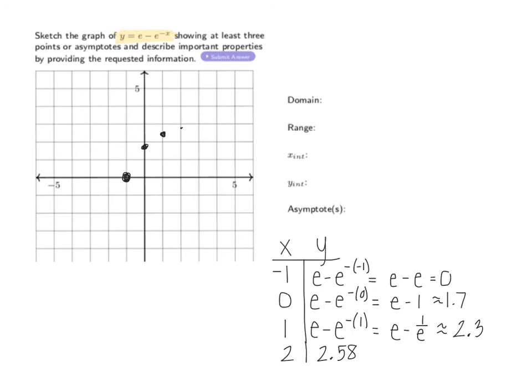I'm getting even closer. And if you still can't see the picture, keep going with x and y values. Okay? You could also put it in your calculator and see that it's actually never going to cross this asymptote right here. The graph is going to get super close, hug it, but it will actually never cross.